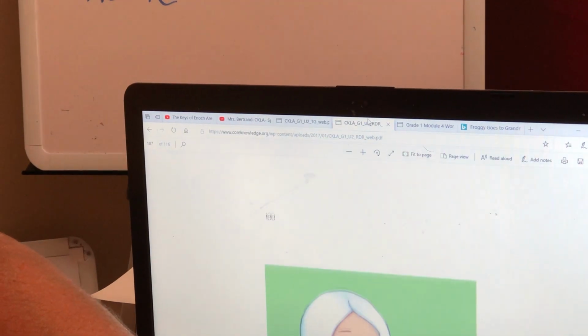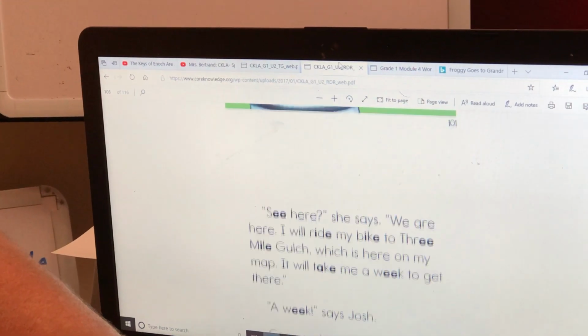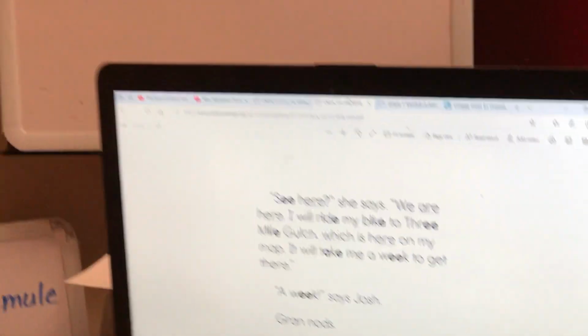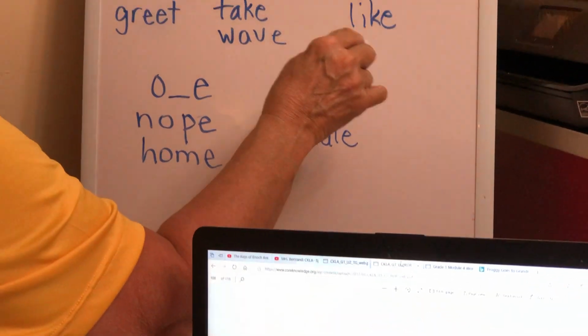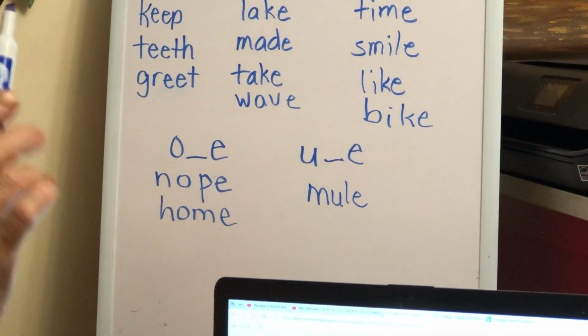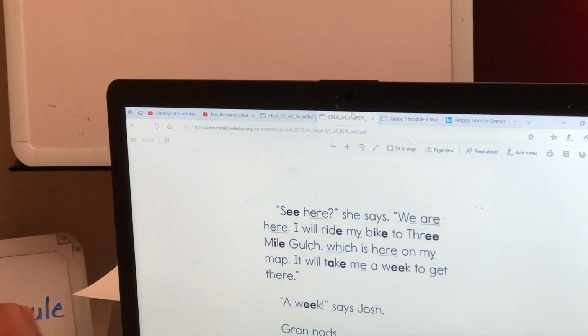Okay, if we look at the next page. Okay, we see bike. I think that's a good word to use. And we see week, W-E-E-K.